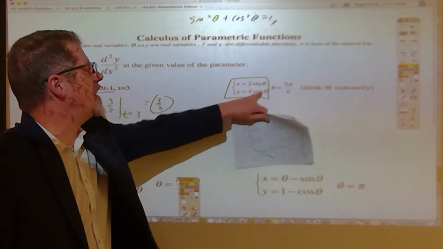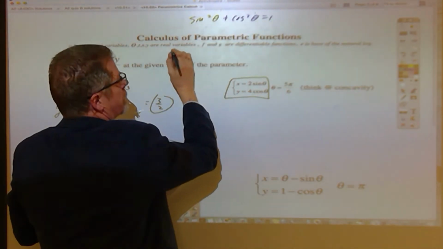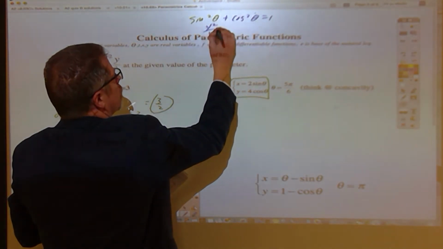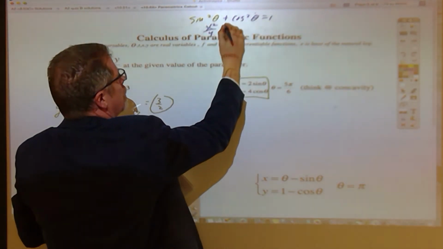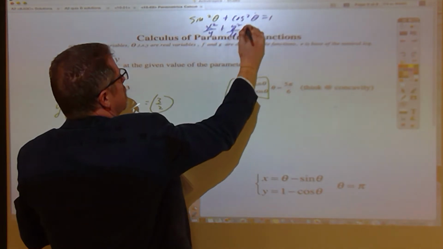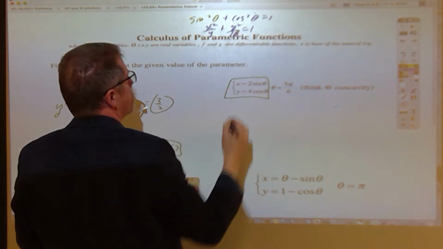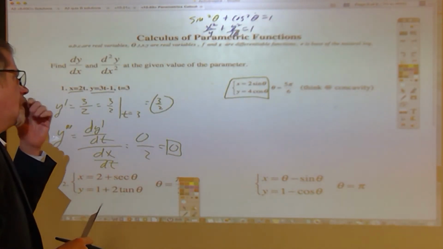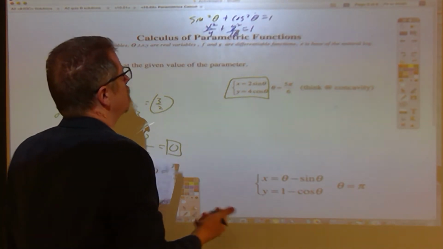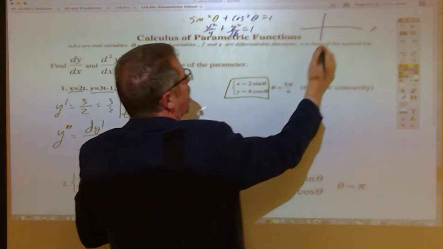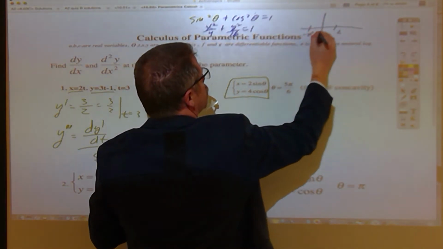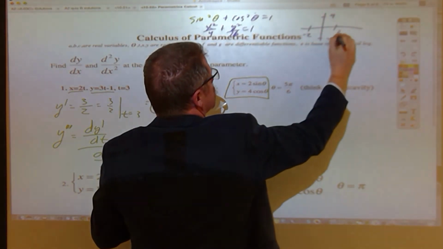And when you replace sine theta with x over 2, this will be x squared over 4. And when you replace cosine theta with y over 4, you have plus y squared over 16 equals 1. So it's really an ellipse. It's an ellipse centered at the origin with x-intercepts at plus or minus 2, y-intercepts at plus or minus 4.